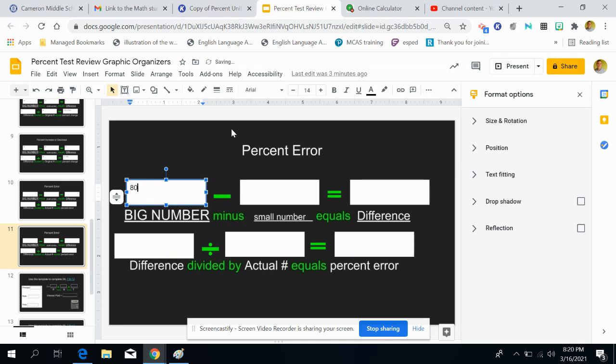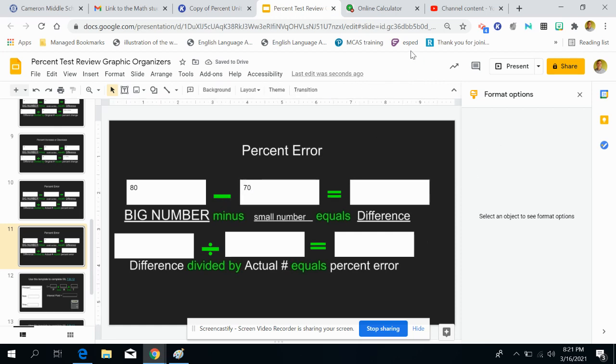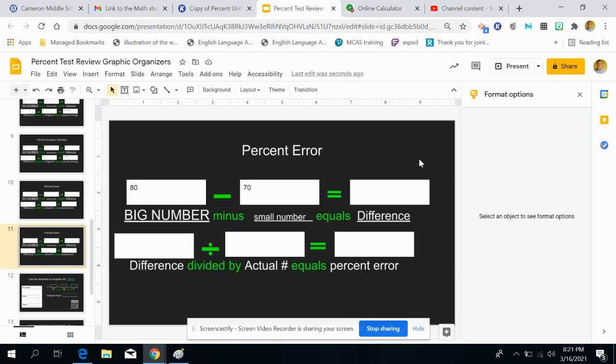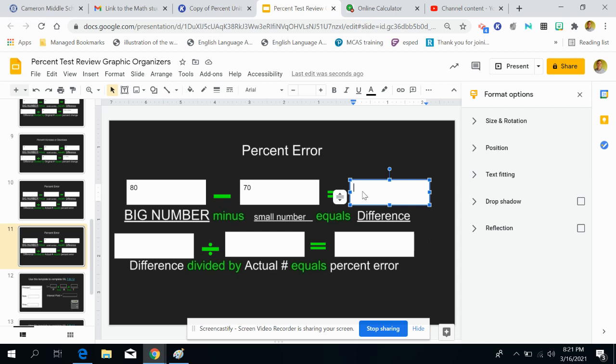So in the big number box, I'll put my 80 minus my small number, which was 70. And I'm going to use my calculator again, just to be safe, even though I know we can do this in our head. 80 minus 70 equals 10. So our difference is 10.